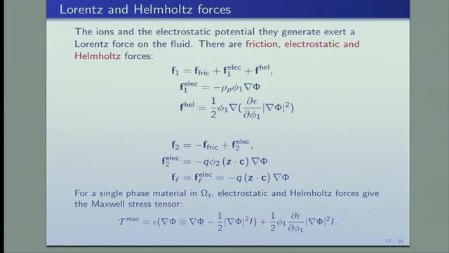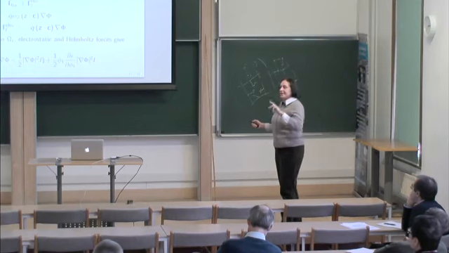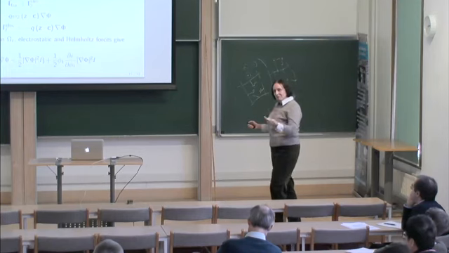Okay, now finally for this model, there are the body forces that I wrote at the beginning. There is one type which is friction, which we choose to be proportional, in a vector way, to the relative velocity.